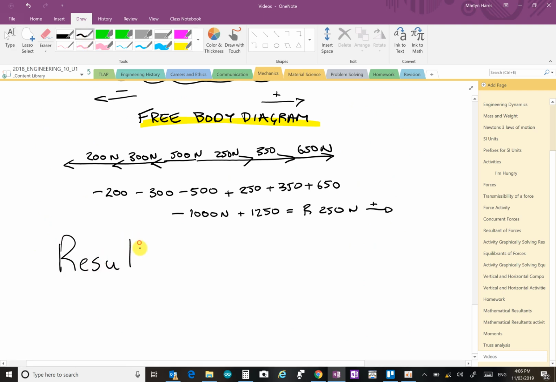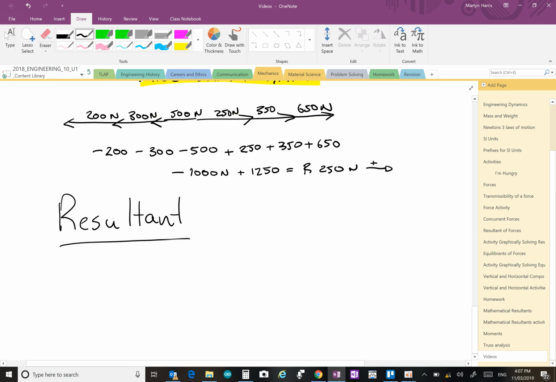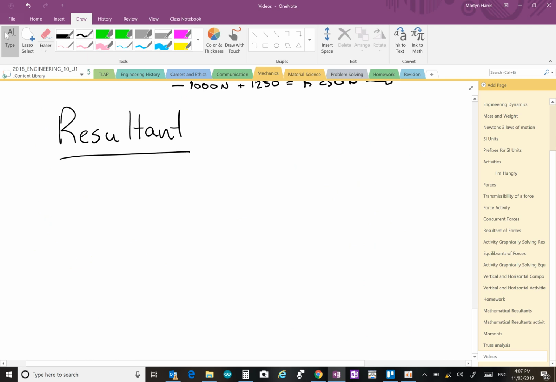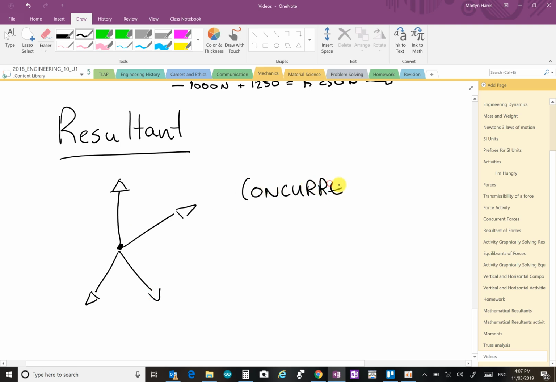So we're not stopping with resultants yet. Okay, so what other types of forces can we have? Well, I'm glad you asked. We have this other type of force system at play, and this force system is what we call a concurrent force system. Concurrent.